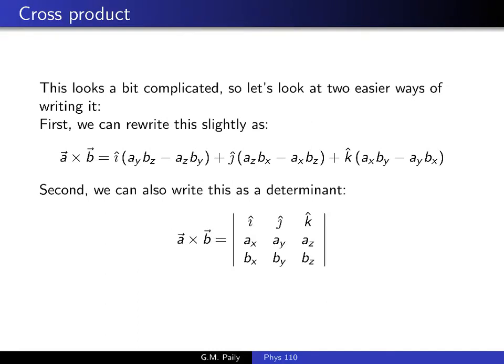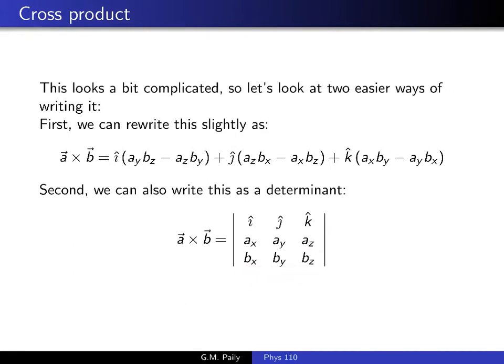If you know how to do a determinant, however, this is a much simpler way to do the cross product. If you are doing the cross product of a and b in that order, so a cross b, you take the determinant of the following matrix. In the first row, you write i hat, j hat, k hat. In the second row, you write the components of the first vector, so ax, ay, az.